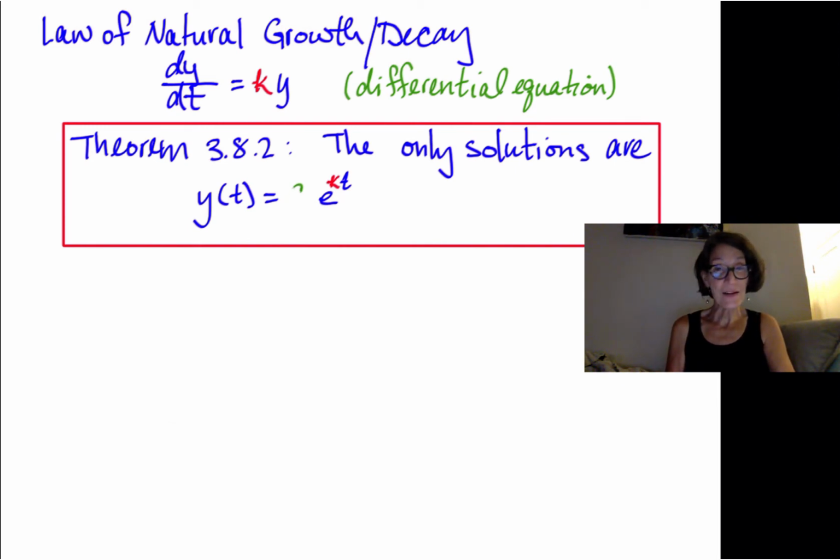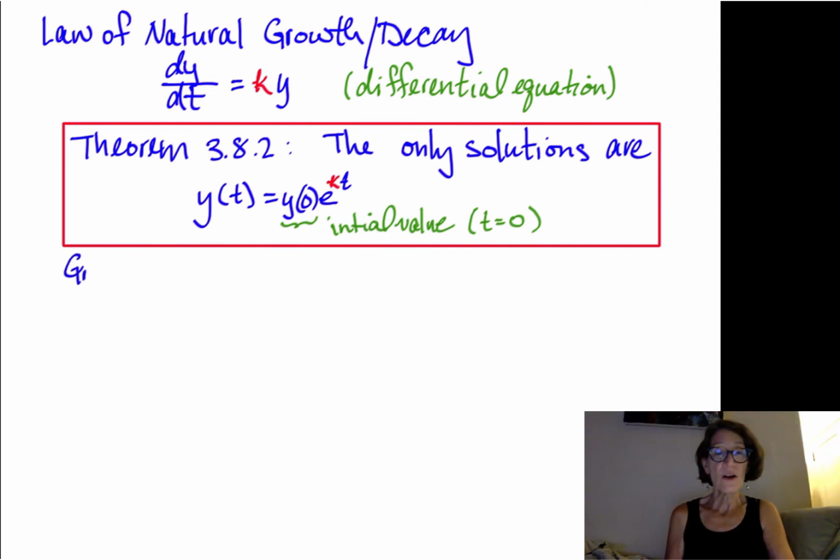And c is always the initial value of the function. So y of 0 is just the value of the function at time t equals 0. We call that the initial value. So different types of functions satisfy that differential equation and turn out to be exponential functions.